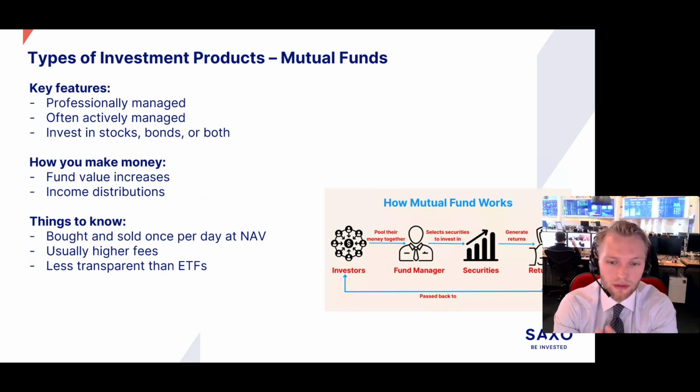So instead of being able to see a live price on the mutual fund at all times, like you can if you trade a stock or an ETF, you'll get one price per day at the end of the day, this net asset value price. So it's a bit less flexible than ETFs, because you basically don't know what it will end at, and usually they're also less transparent than ETFs, which I'll also touch upon later.